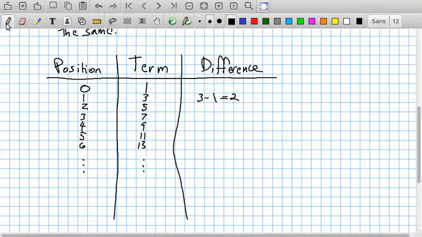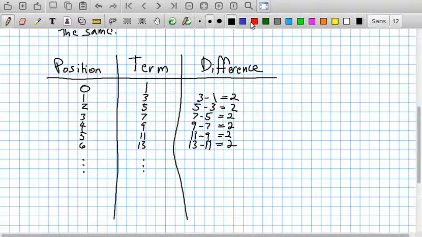Okay, well, what's 5 minus 3? Hey, that's also 2. What's 7 minus 5? Also 2. It's 9 minus 7. Also 2. 11 minus 9. Also 2. 13 minus 11. Oh, that's also 2. Hey, all of these differences are the same.